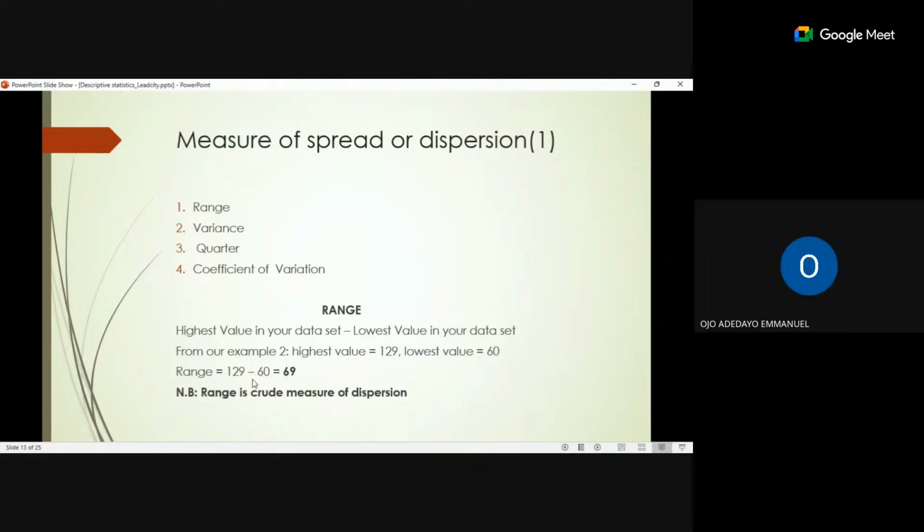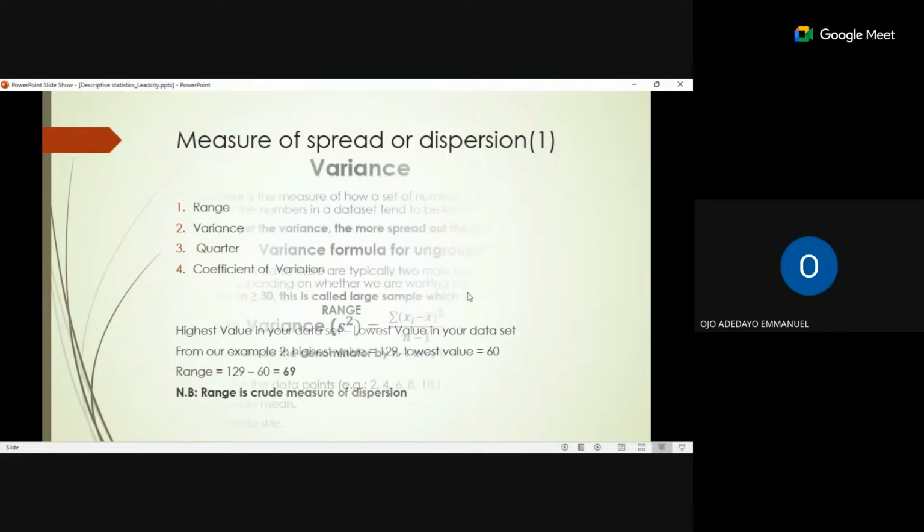It still contains some variation that may not really give us the true value. That is why we don't normally use range to make decisions sometimes, but it's part of dispersion. So the range simply means the highest number minus the lowest number.